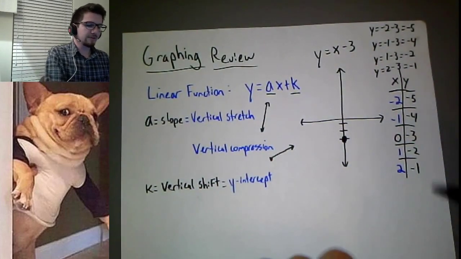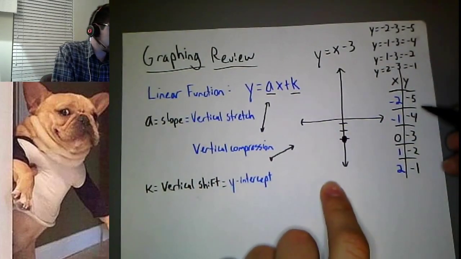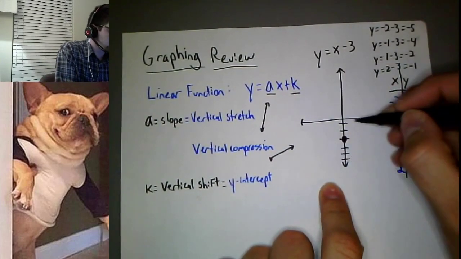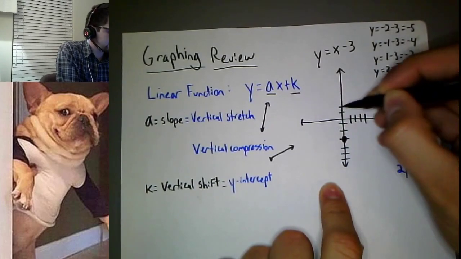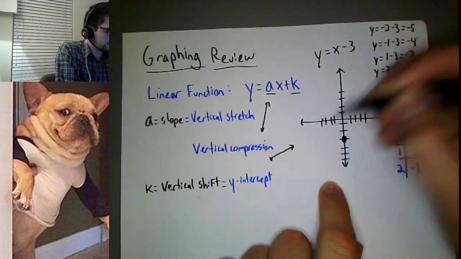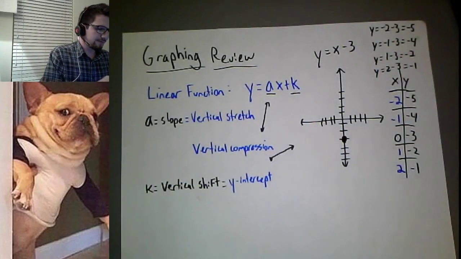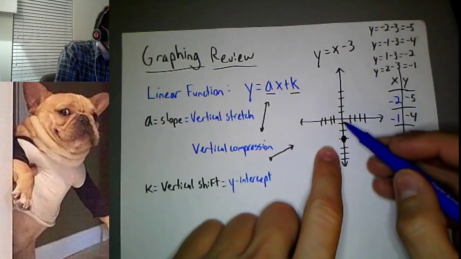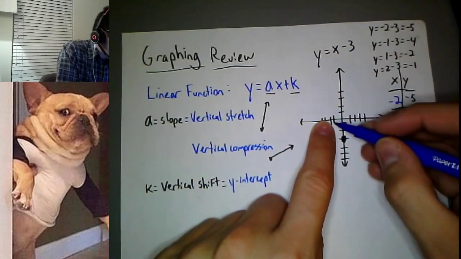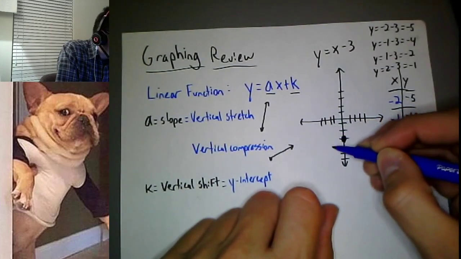So here are my 5 points. I need to graph them, and give myself some more space on each side. Starting with the top point, negative 2 means left 2, and negative 5 means down 5.